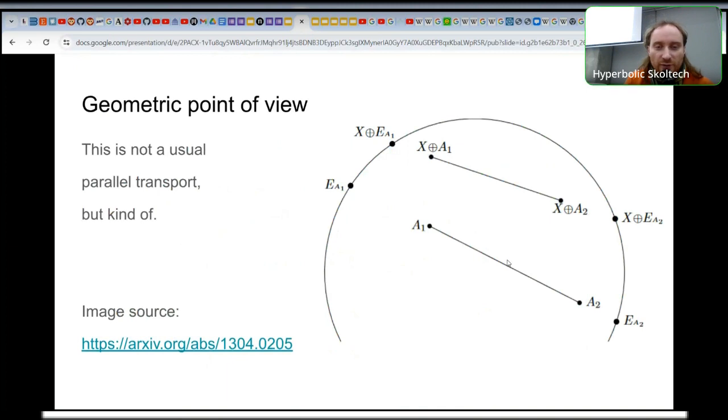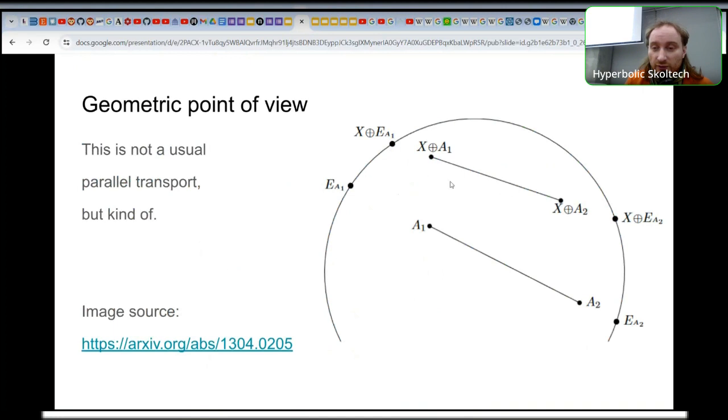And what about the geometric point of view? Actually, there will be some algebra, but okay, let me show you some formula, some geometric meaning.